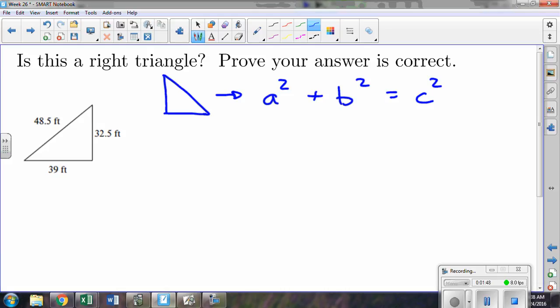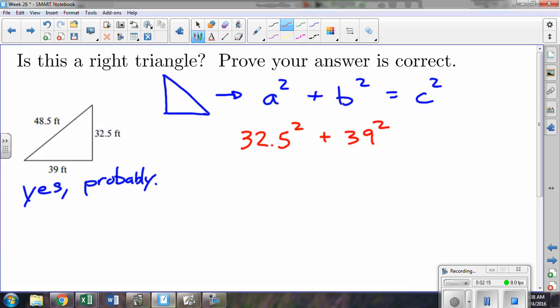So basically, we're looking at this and our intuition said, yes, this looks like or probably is a right triangle, but looks like is not a proof. Probably is not a proof. If we want to have proof of it, though, we can take leg squared plus leg squared and verify, does it actually equal the hypotenuse squared?